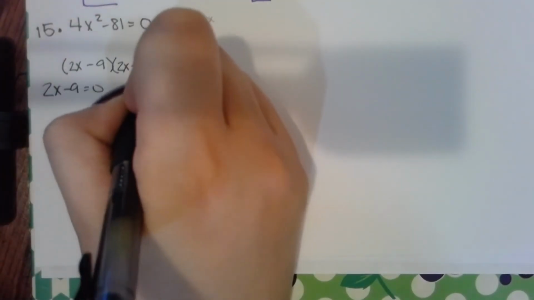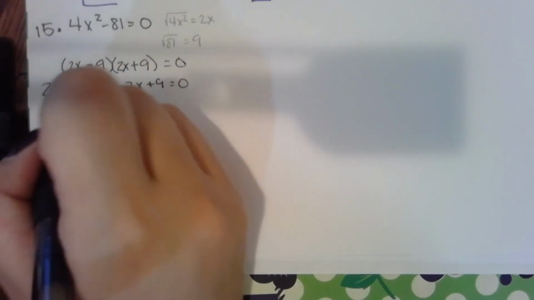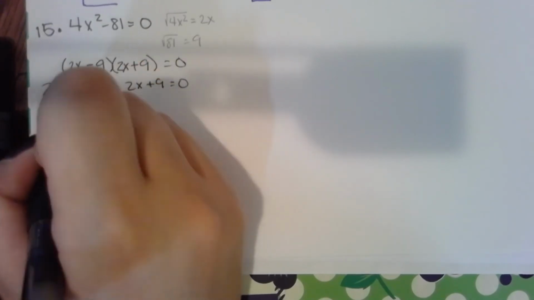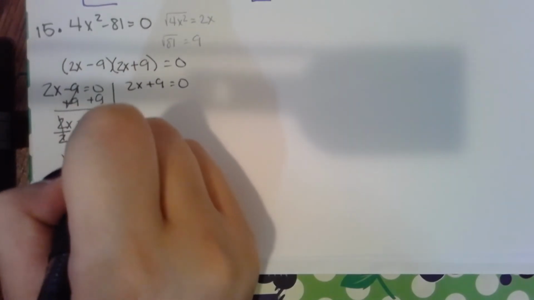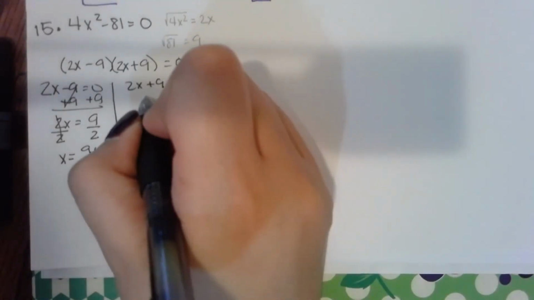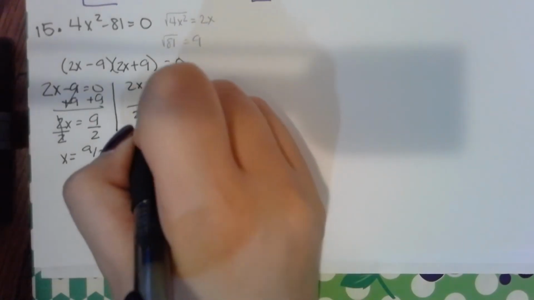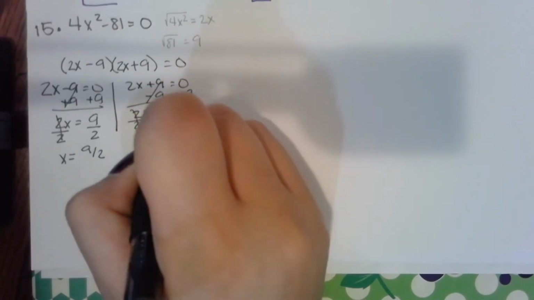Okay, and then setting each factor equal to 0: 2x plus 9 equals 0, 2x minus 9 equals 0. Solving the left one first, you'd subtract 9, and then you'd get 2x equals negative 9, and then divide by 2 to get x equals negative 9 halves. And then the right one is solved similarly, except instead of subtracting 9, we add 9, because we have a negative 9 in our factor. Then you get 2x equals 9, and then divide by 2, x equals 9 halves.